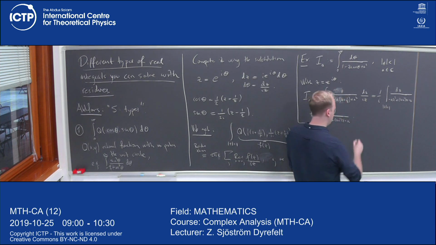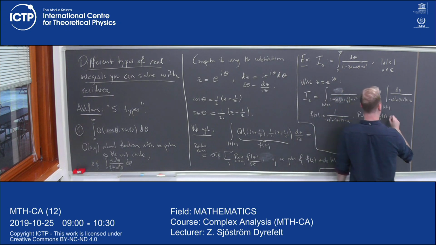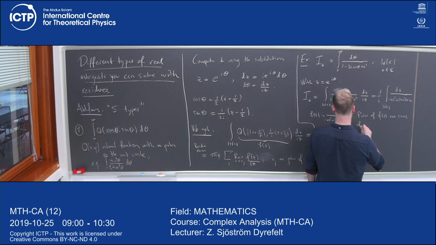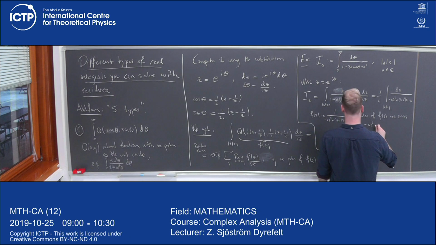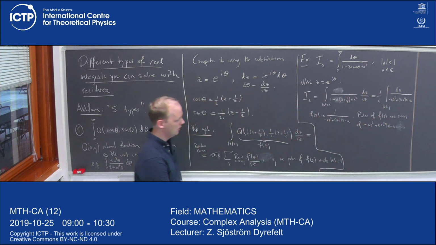The poles of f of z are the zeros of this polynomial, minus a z squared plus (1 plus a squared) z minus a, the solutions to that equation.